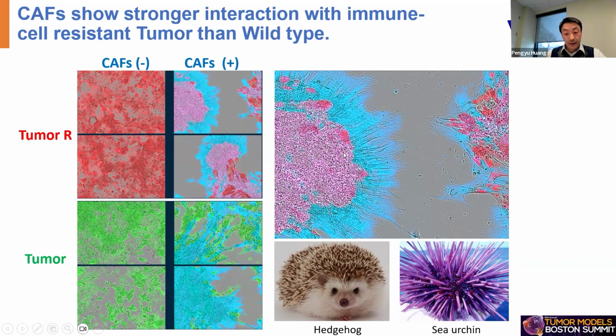They make clusters like spiky balls. When I saw this picture, a hedgehog and a sea urchin popped into my head. You can feel the defensiveness from the spiky ball. But I want to clarify that I'm not using these lovely animals in my experiments. It's just imagery I put here.